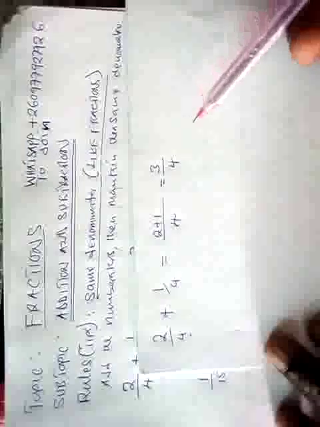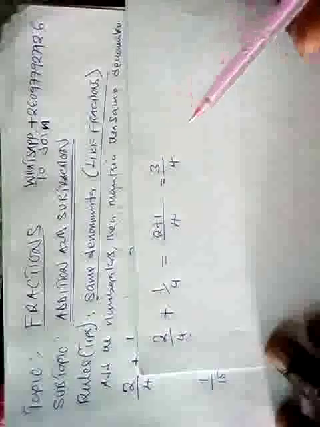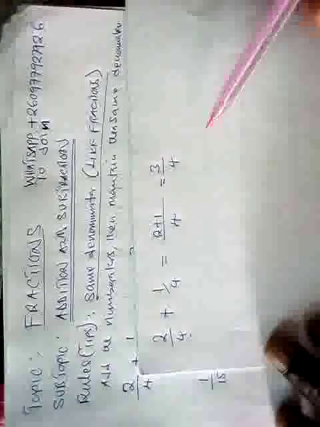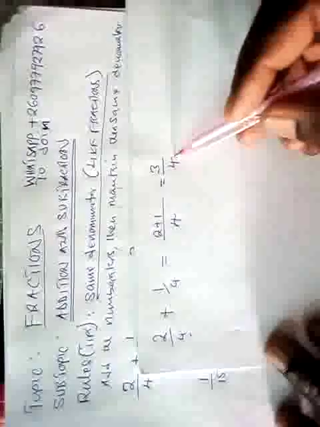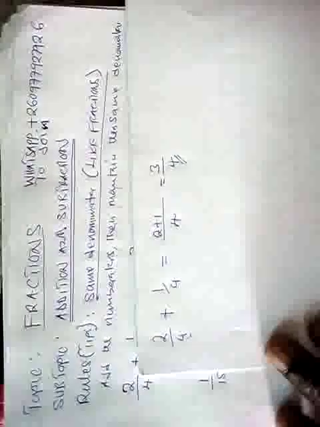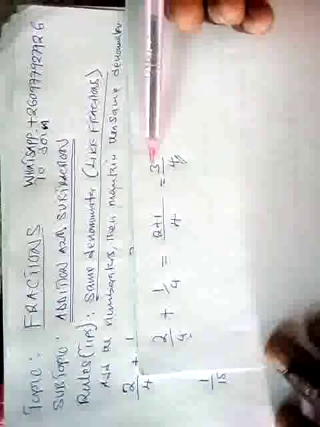You ask yourself a question: is this answer in lowest terms? Yes. If there is only 1 that can go into both numbers without leaving a remainder, then the fraction is in its lowest terms. We can't simplify any further. Okay, so don't divide 3 into 4.